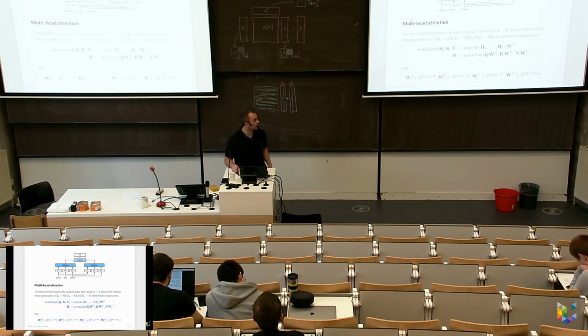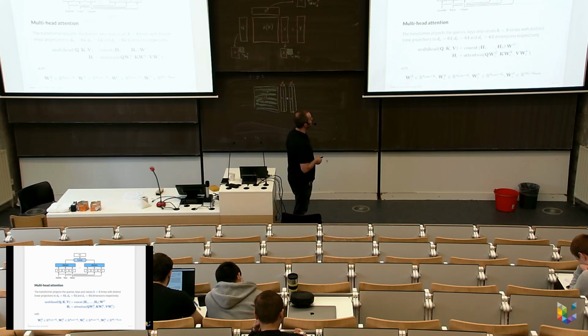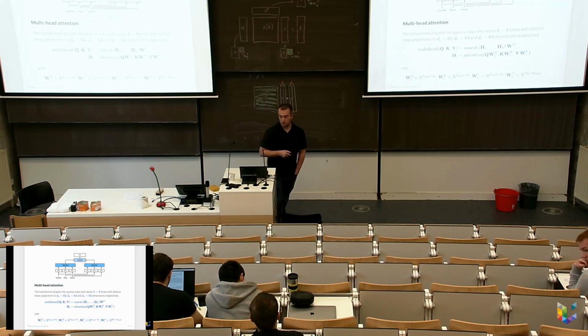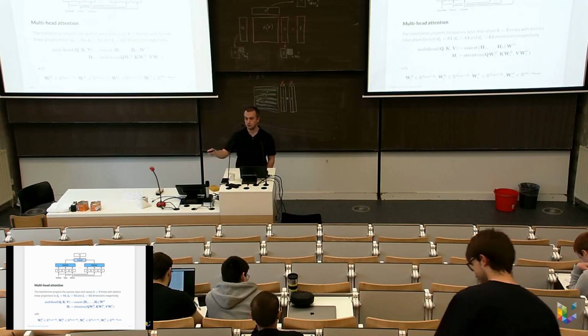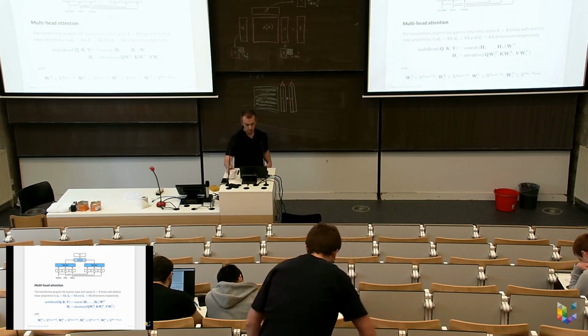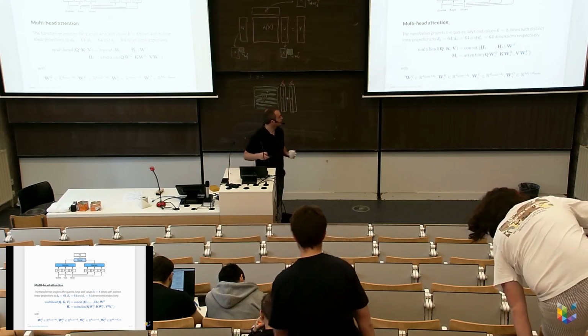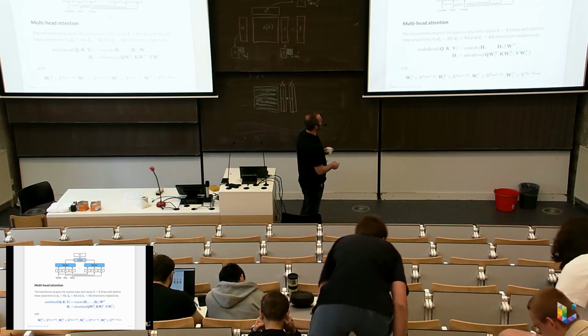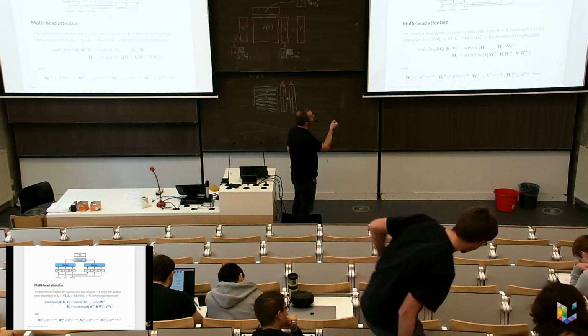If you do that, what you obtain is what we call a multi-head attention mechanism, which is just a concatenation of the output of several independent self-attention layers. Even if the notation is a bit heavy, it's quite simple to understand.